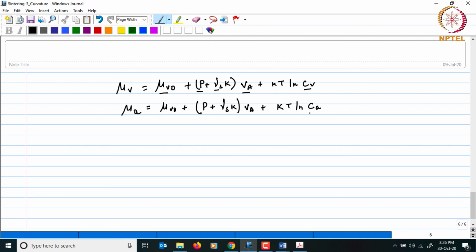Here Ca is the fraction of lattice sites occupied by the atoms in the crystal.